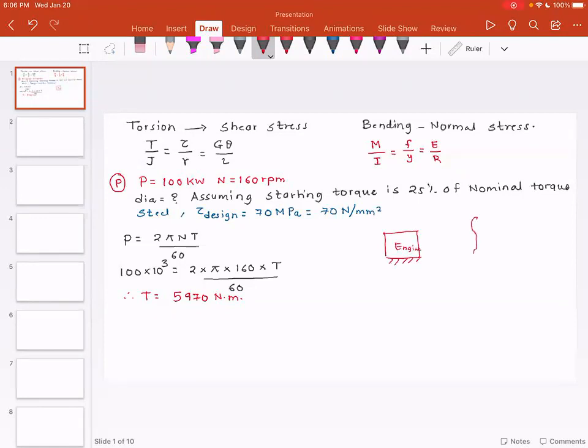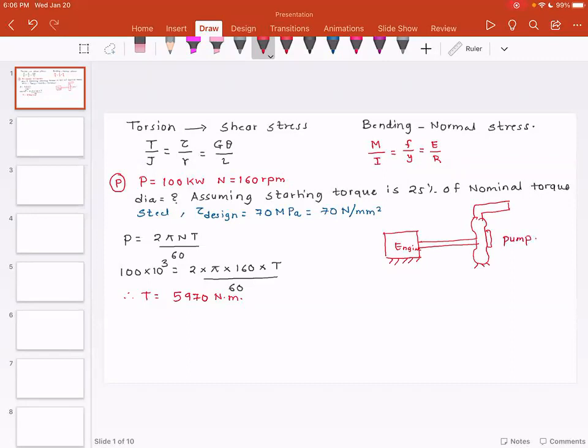So for an example, say you have a pump, and then there is a shaft between the engine and the pump.